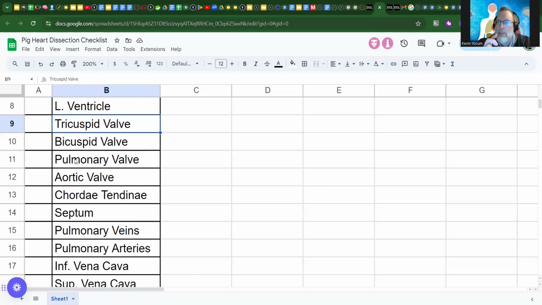Remember, the right side of the heart is pumping blood out to the lungs, and another word for lungs is pulmonary. So the exit valve from the right ventricle is called the pulmonary valve. Again, right atrium, tricuspid valve, right ventricle, pulmonary valve, and then we're out of the heart and heading out to the lungs.